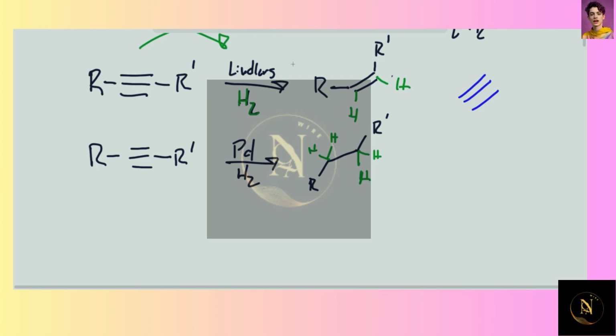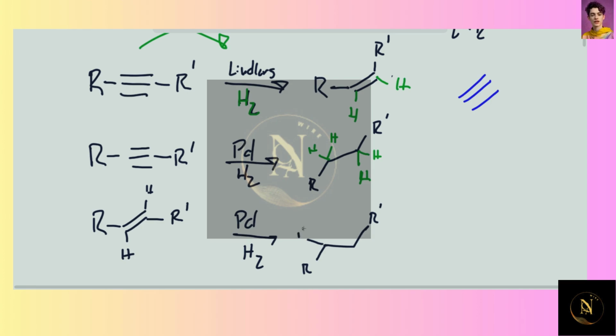Furthermore, if we were to start with an alkene, be it cis or trans, doesn't really matter, and we react it with palladium over hydrogen, we would end up with the alkane. Let's do this so we show where these hydrogens are coming from. 2 of them are already there, but we will add 1 equivalent of H2.